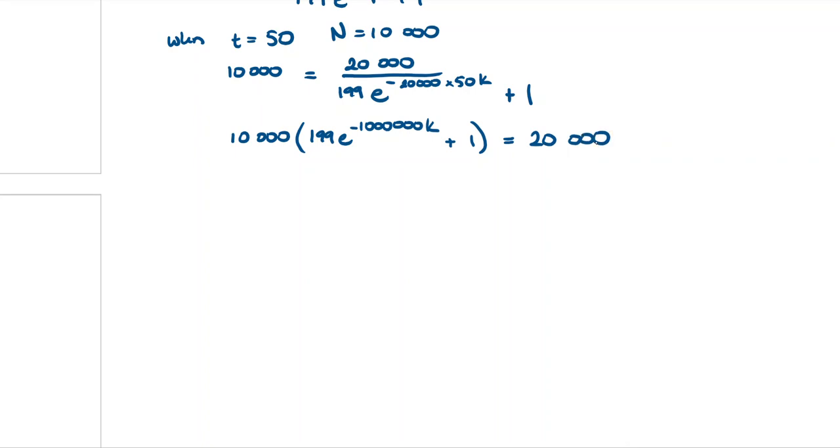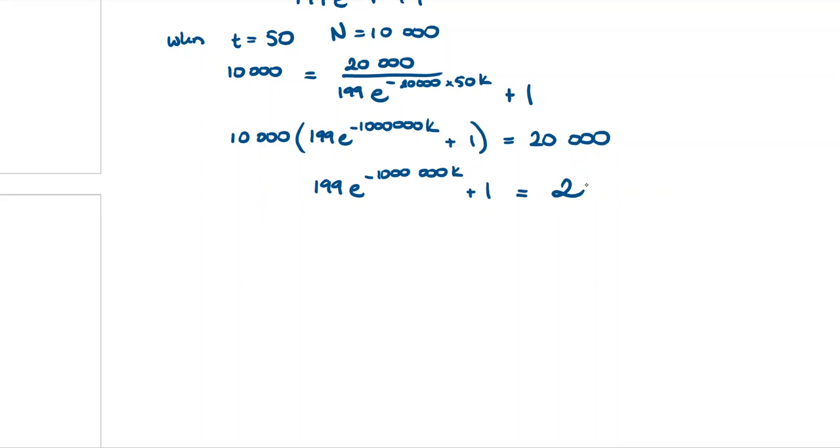Okay, dividing the 10,000 across. You get 2. And then subtract the 1.